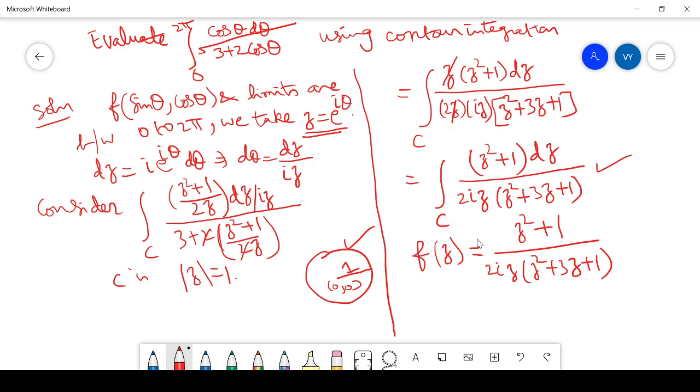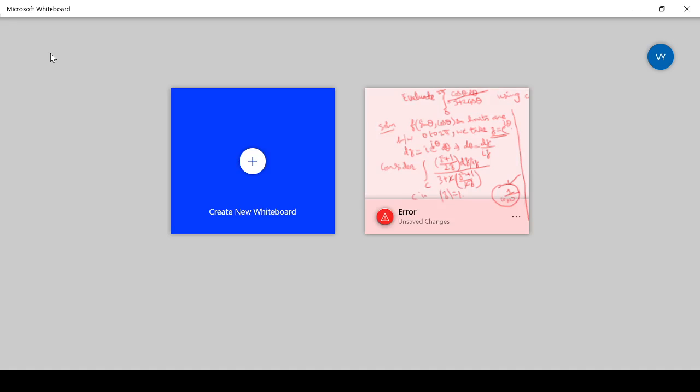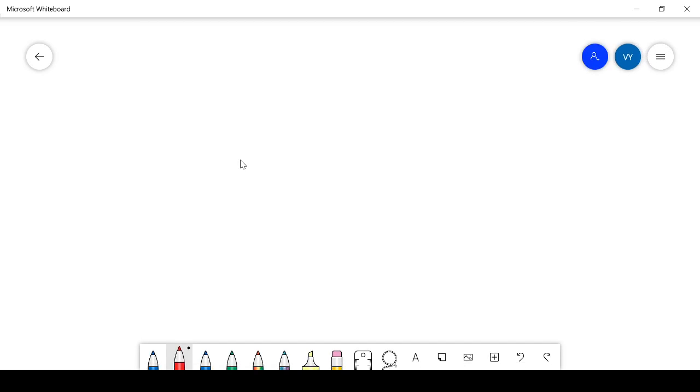I can use Cauchy's integral formula or the Cauchy residue theorem, and out of these two the best one will be the Cauchy residue theorem. So now I will use the Cauchy residue theorem and find the value of the given integral.